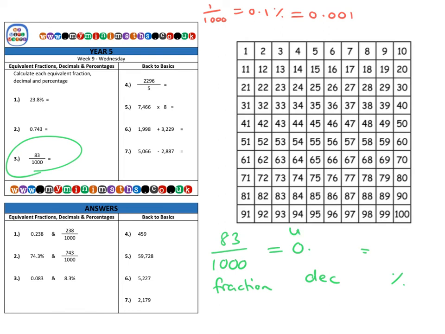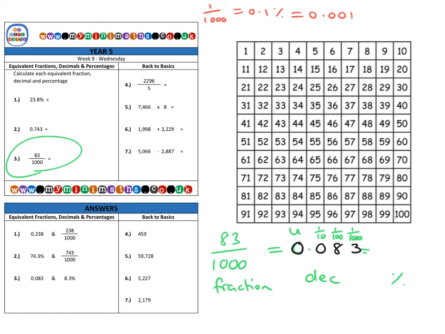So we have units, we have tenths, we have hundredths, and we have thousandths altogether. And when we put our number in, 83 per 1,000, so I've got no units, I've got 83 thousandths, and then the gap, we place a 0 for a final answer of 0.083.